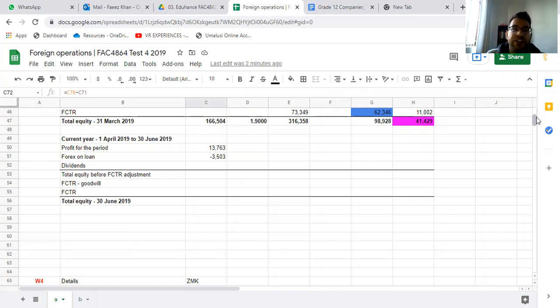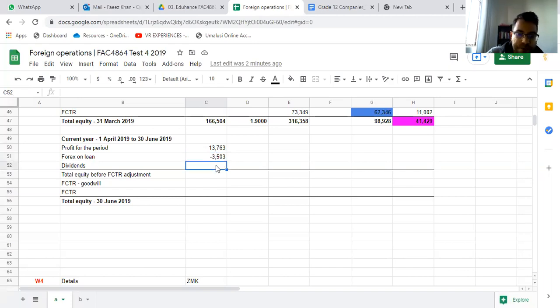The debit is to forex profit or loss from their perspective. Okay, we're not talking about the group now. So their perspective would be a debit to profit or loss. A debit to profit or loss is debiting equity. A debit to equity is a loss. So a debit to equity decreases equity. So therefore, this is a decrease to the equity. So just take note of that.